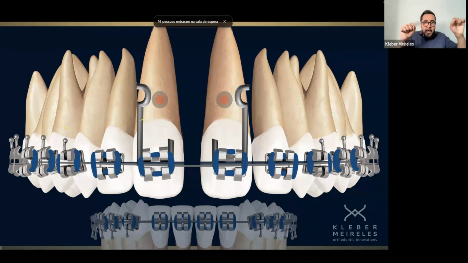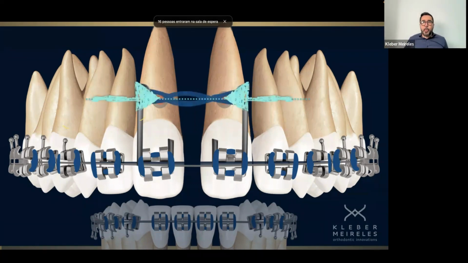But let's say 1925 strip of wire, and I will make this loop with this shape. I'll make this hook with this shape and apply the line of action of the force at the center of resistance. This is the right way to do things if I want to have this translation.